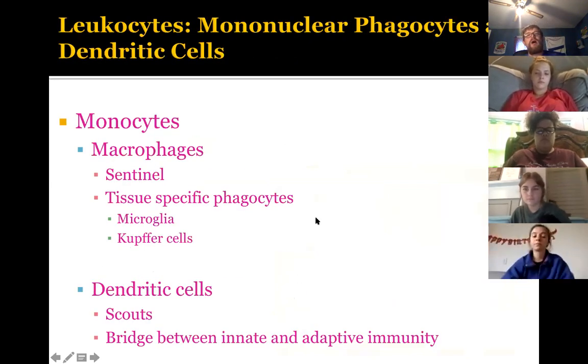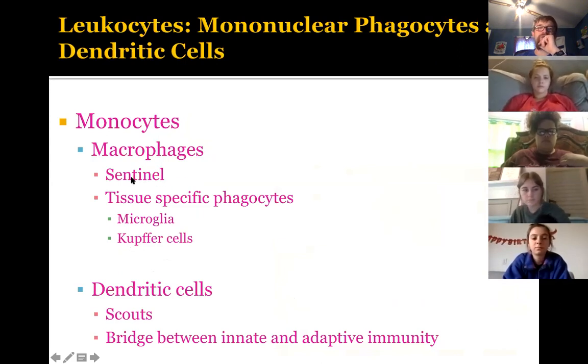Okay. Monocytes, I mentioned, can differentiate into macrophages or dendritic cells. Macrophages are kind of considered sentinels of the immune system. And a sentinel is a guard. They are interacting oftentimes directly with a pathogen, trying to eliminate it. Macrophages can be tissue specific.